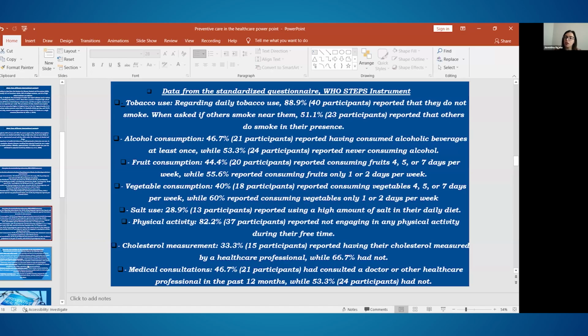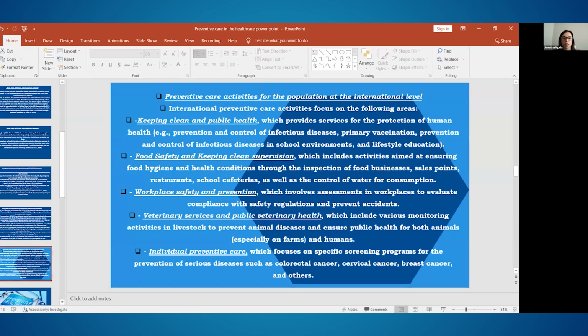Medical consulting, about 47% had consulted a doctor or other healthcare professional in the past 12 months for routine control or any problems, and the others have not had this consulting.